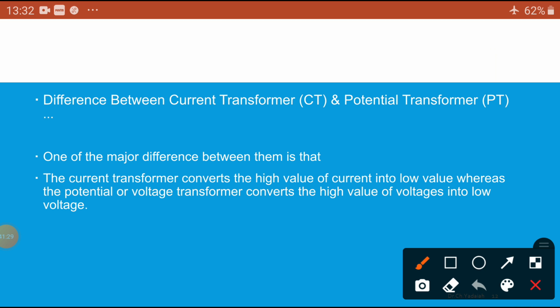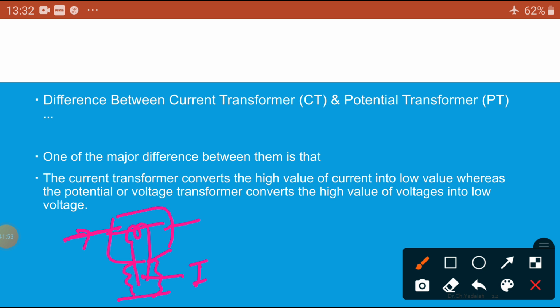That means our CT, what you have observed here, CT connected. So what are the connected terminals? The current is connected here, and whatever line is going, it takes this line as primary, and this secondary will measure the current.